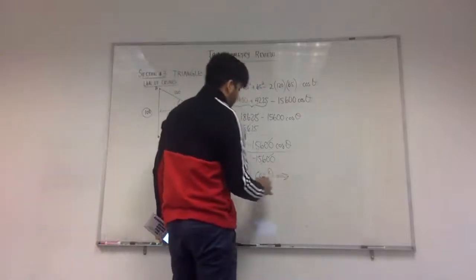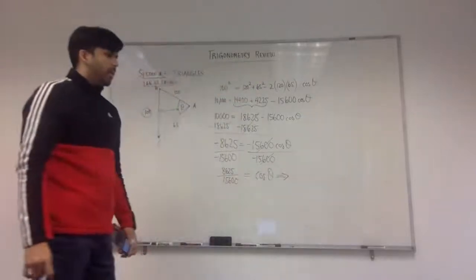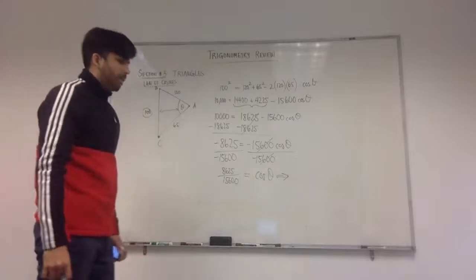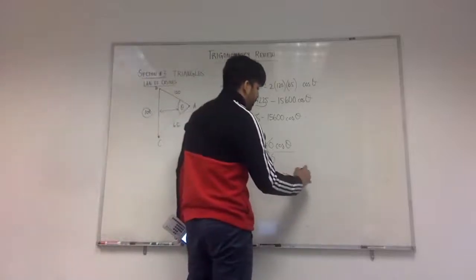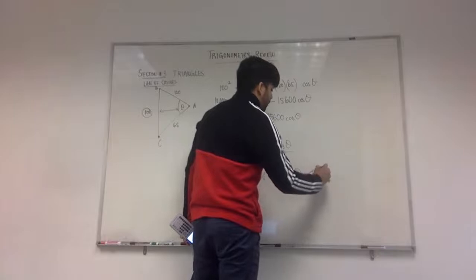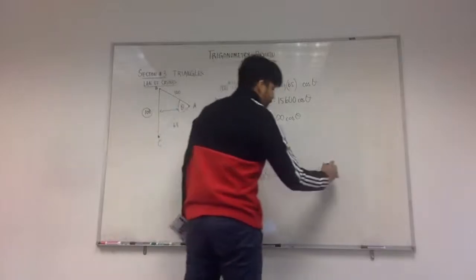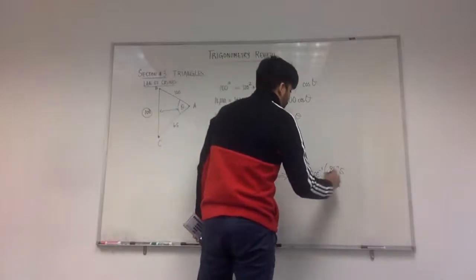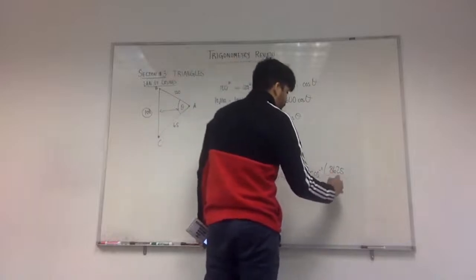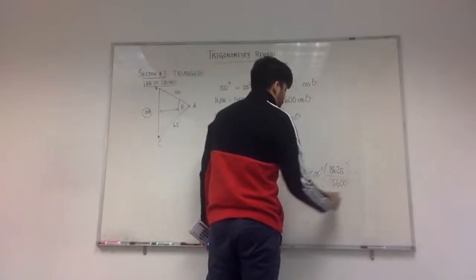So if cosine of theta equals 8,625 over 15,600, then theta equals cosine inverse of 8,625 over 15,600.